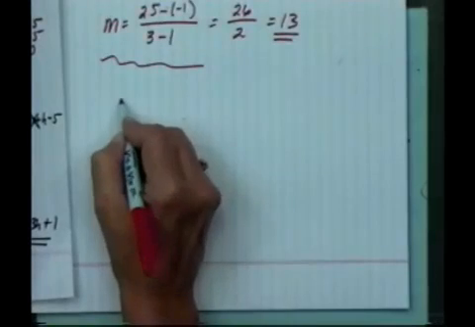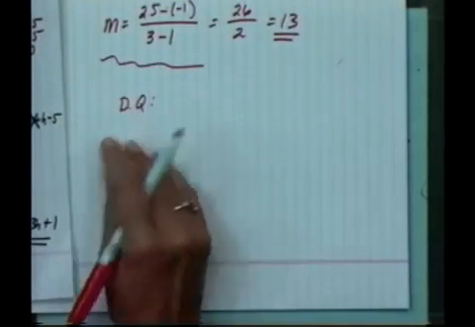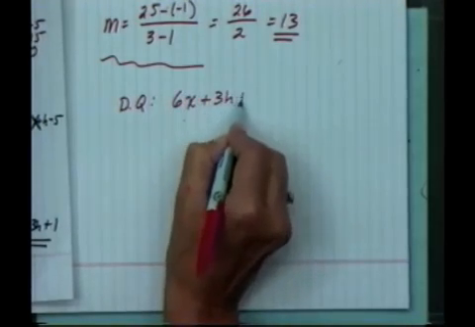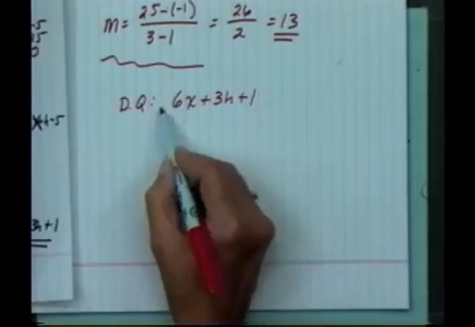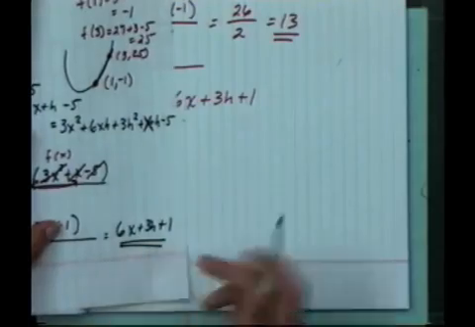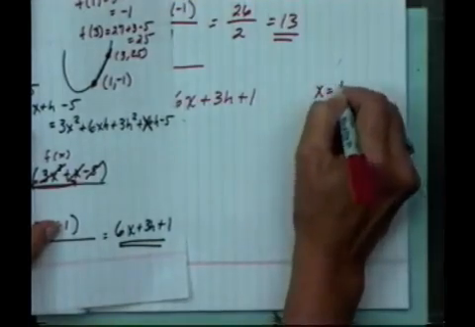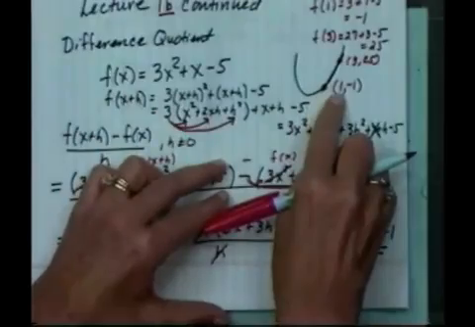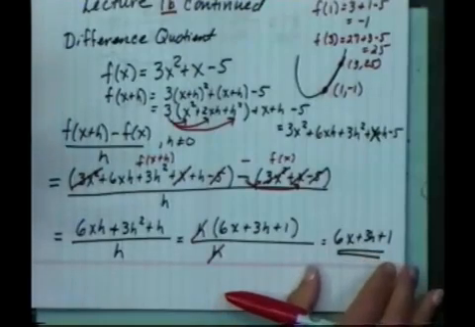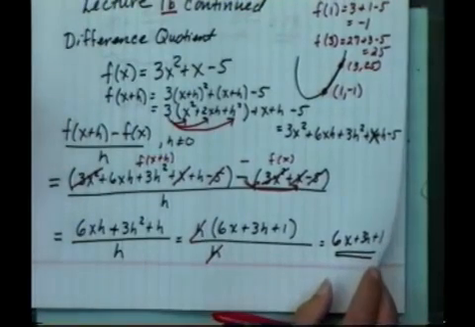All right, so our formula for the difference quotient, I'll write DQ, was 6x plus 3h plus 1. That's the formula that we got right here from the difference quotient. Okay, so we looked at when x is 1. Who remembers earlier in the last video how I defined h?